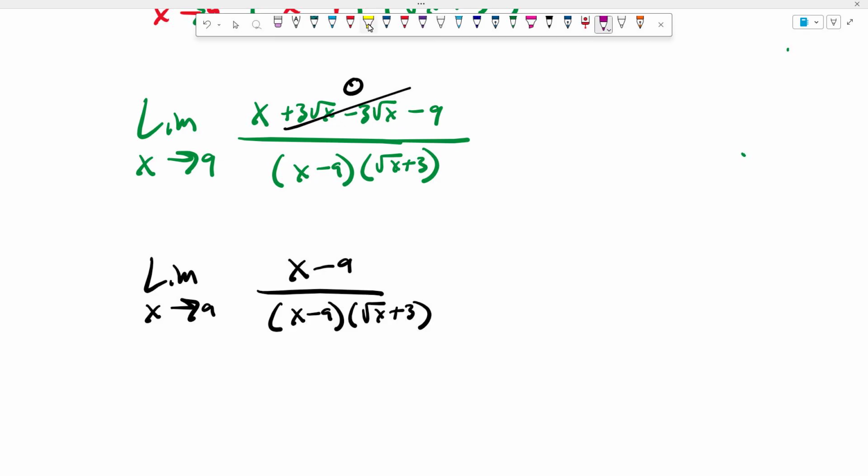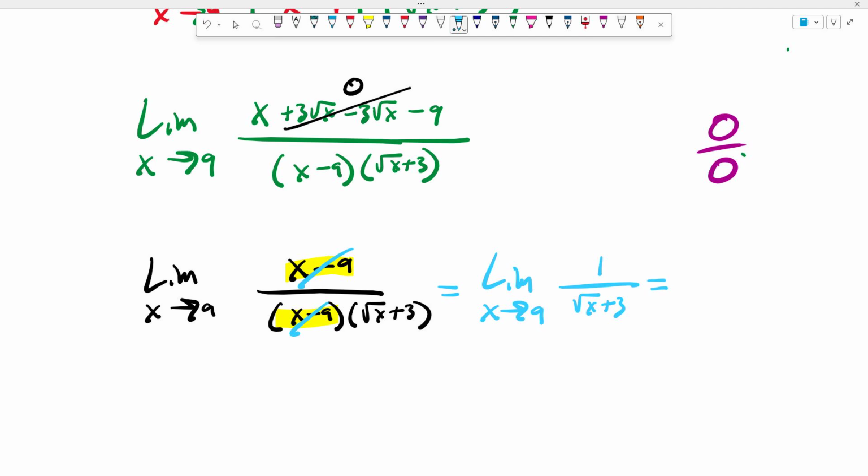Most of the time, when you get 0 over 0, we have a common factor. In this case, we have a common factor of x minus 9. We simplify. We try direct substitution now. We get 1/6.